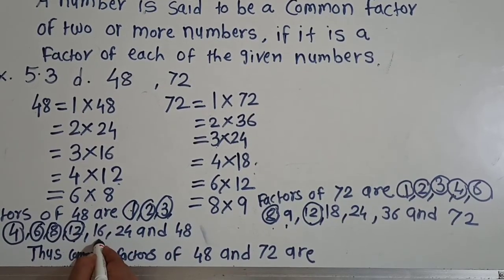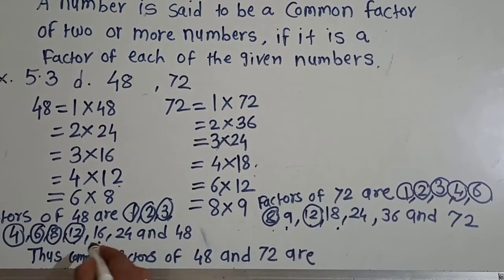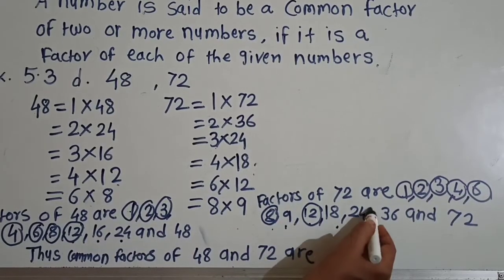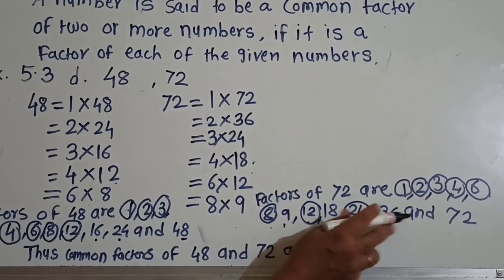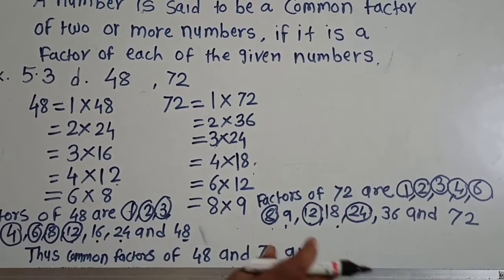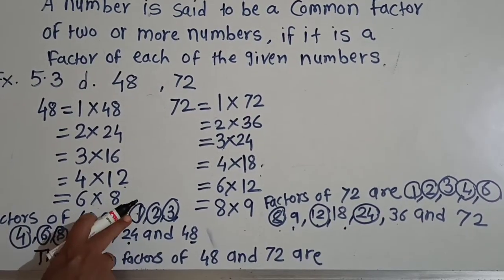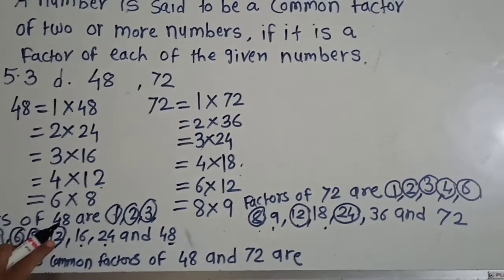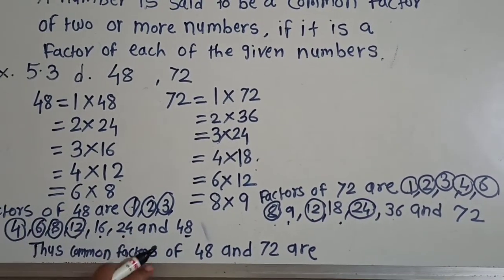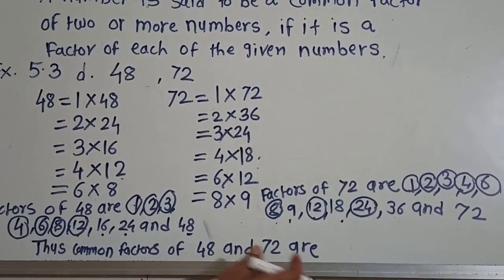After 12, here is 16. There is no 16. Here is 24. Yes, here is also 24. Then 48, and here is 36 and 72. So children, these 1, 2, 3, 4, 6, 8 and 12 are the common factors of 48 and 72.